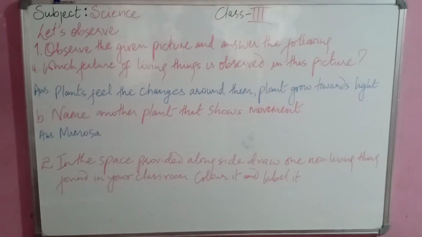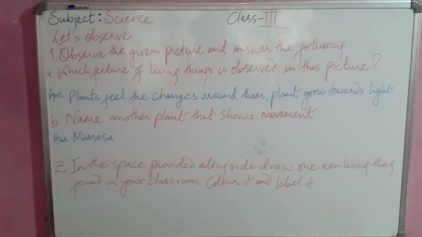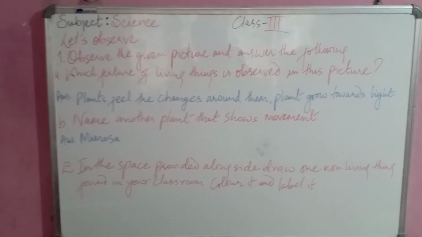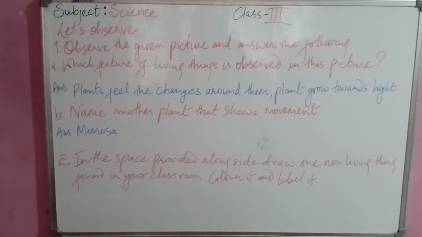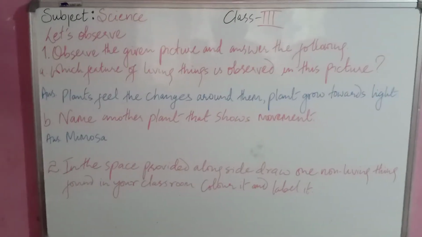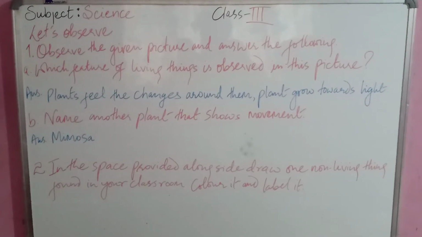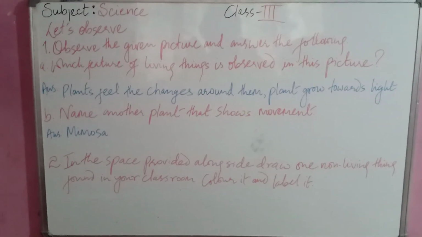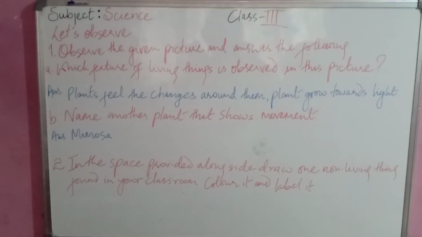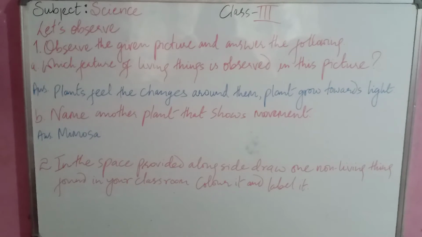If you can see, there is a picture of a lotus. Oh sorry, there is a picture of a sunflower, and you have to answer this question by looking at that picture. Which feature of living things is observed in this picture? As you can see, the flowers have moved automatically towards the sun.